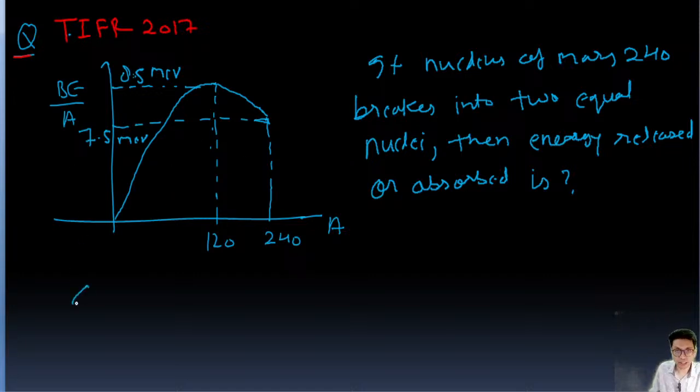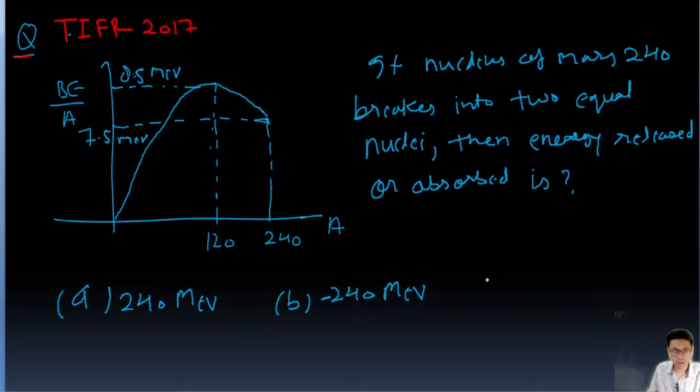Now options are given. Option A is 240 MeV, option B is minus 240 MeV, option C is 120 MeV, and option D is minus 120 MeV.